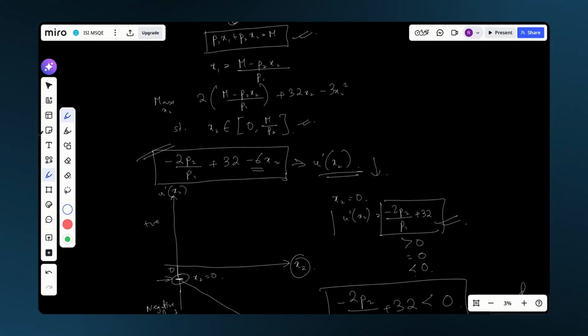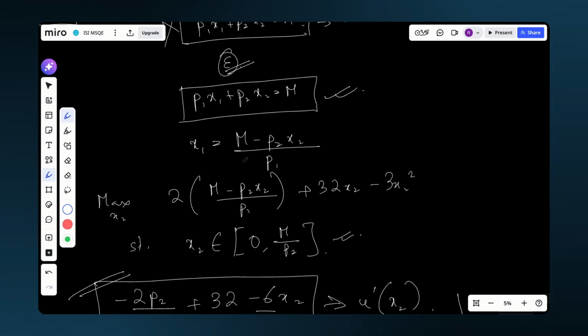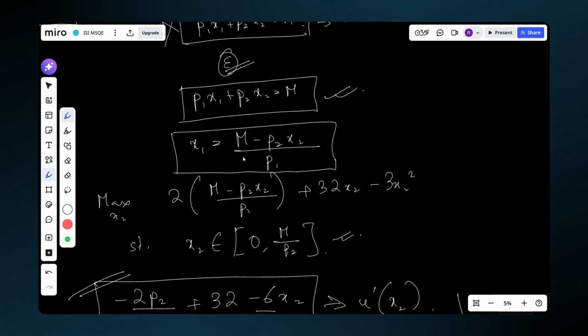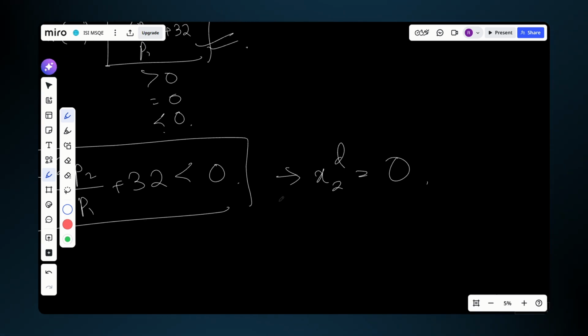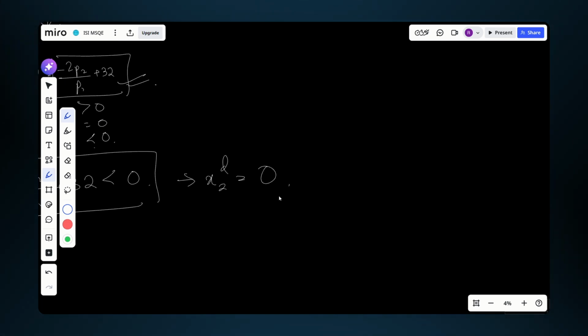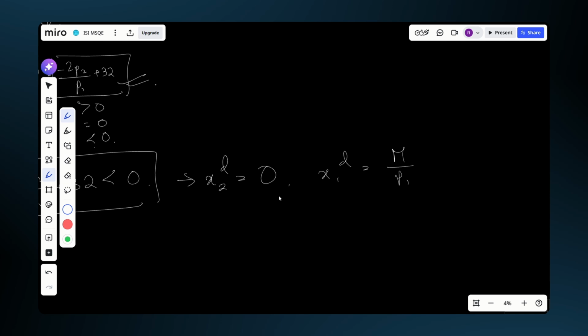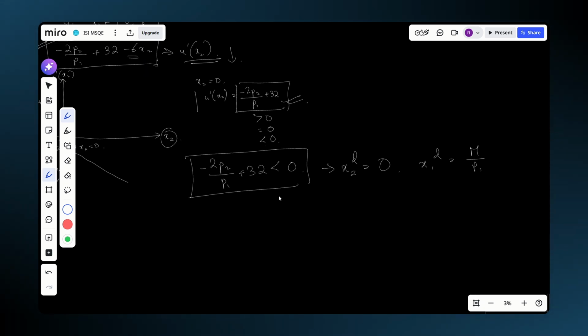Similarly, with our budget function here, which I've converted into this, with that I can find out what x1d will be, which will be equal to m by p1. Done.